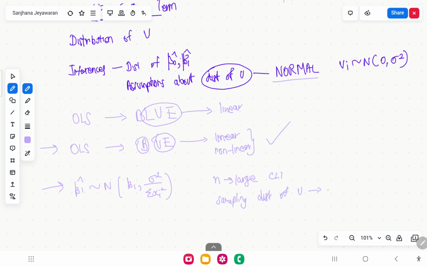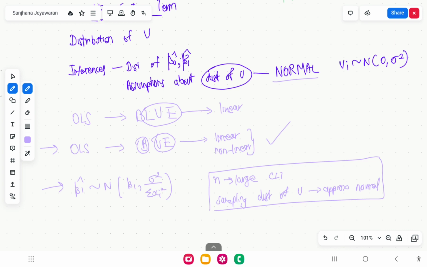That means the problem arises only when n is small. This is only true for large n. So this is basically the end of statistical estimators, guys.